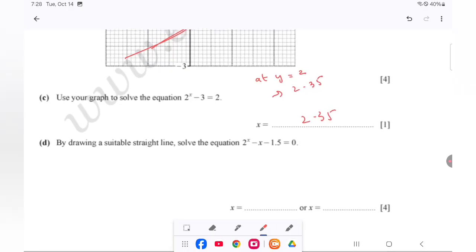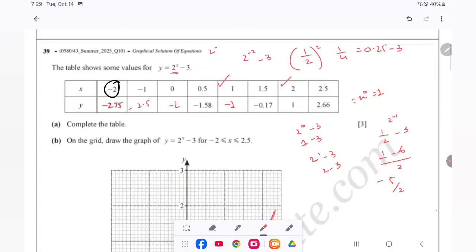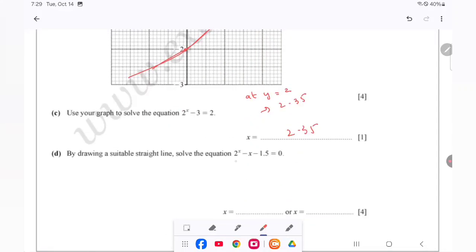By solving the equation, we know that 2 to the power x minus 3 equals... if we add 3 to both sides, 2x equals x plus 3, 2x equals x plus 3, minus x, minus 1.5 equals 0, y equals x minus 1.5.